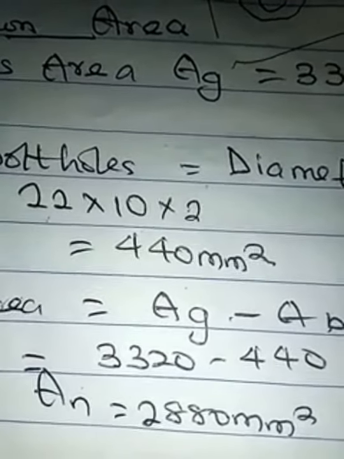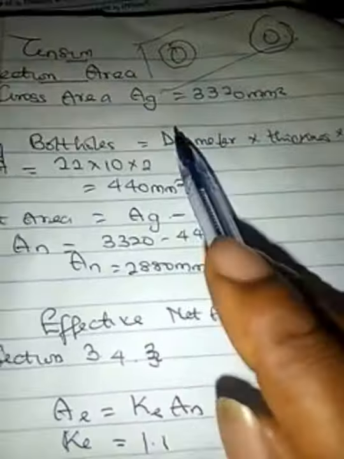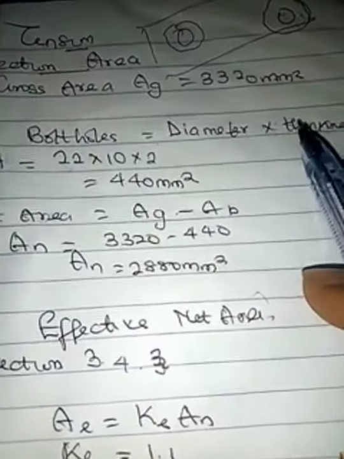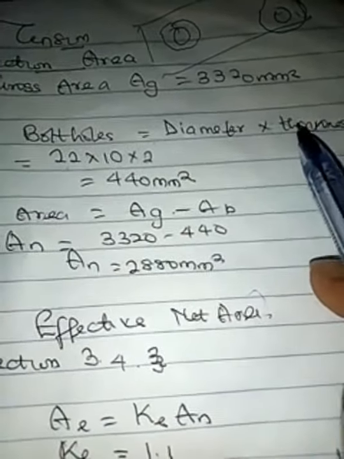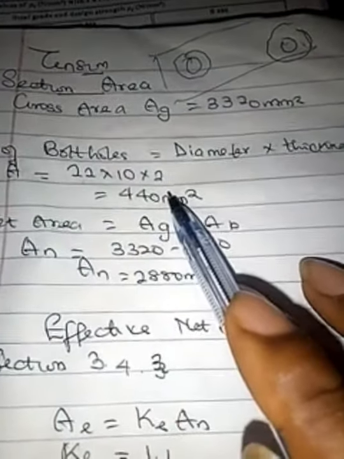Remember that clearance that gave us 22. For diameter 20, our clearance was 22. So it will be diameter times thickness times 2. Why are we multiplying by 2? Because we have 2 of them here. So diameter is 22. The thickness we assumed was 10, 100 by 75 by 10. Then multiply by 2. So we have 440 millimeters square.